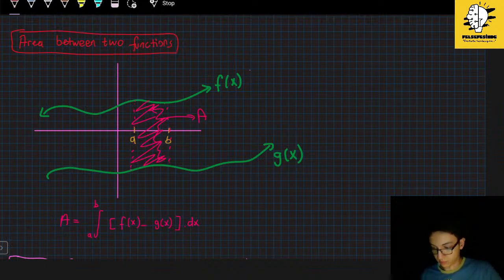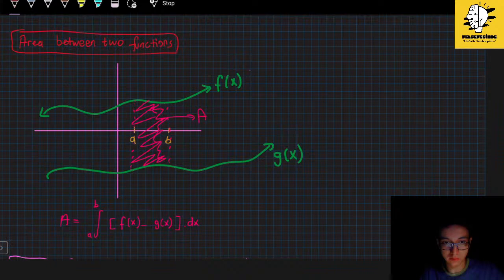And you cannot put plus g(x), because it is above a curve and it's going to be negative. So, in order to find the area between two functions, we say that it is the integral between a and b of f(x) minus g(x) dx.